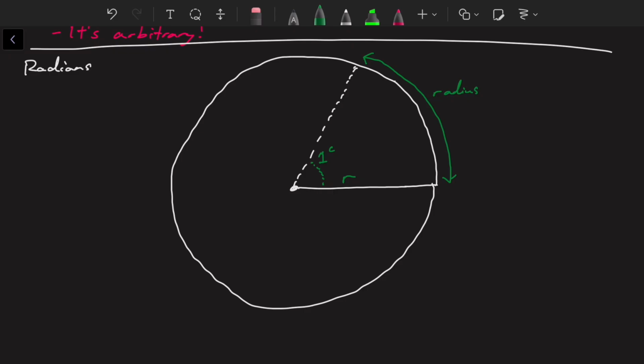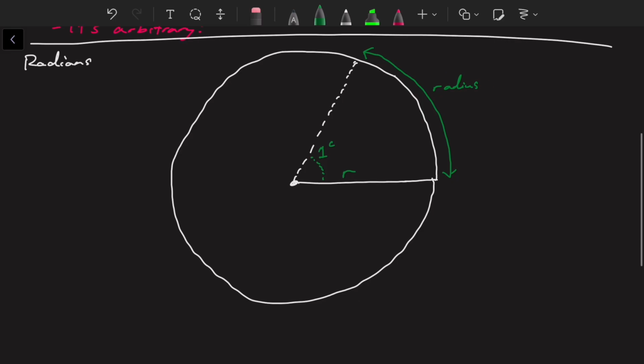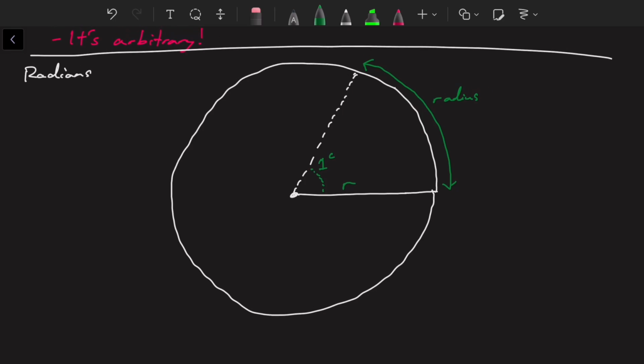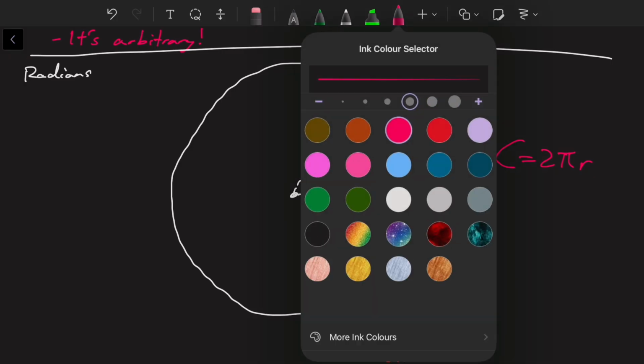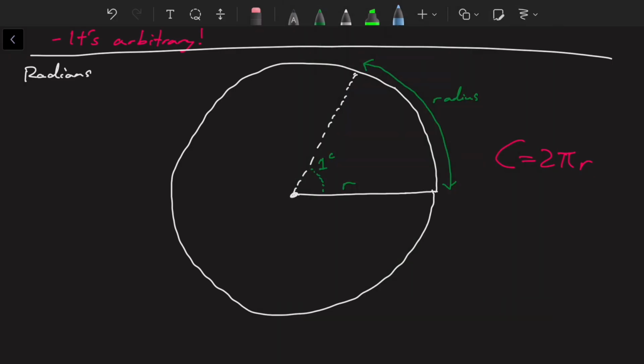Our radians are effectively tracing out the circumference. What is the circumference? Well, we know that the circumference is equal to 2 pi r, right? Which means we can derive a really important idea from radians. This is almost the reason why they were created.